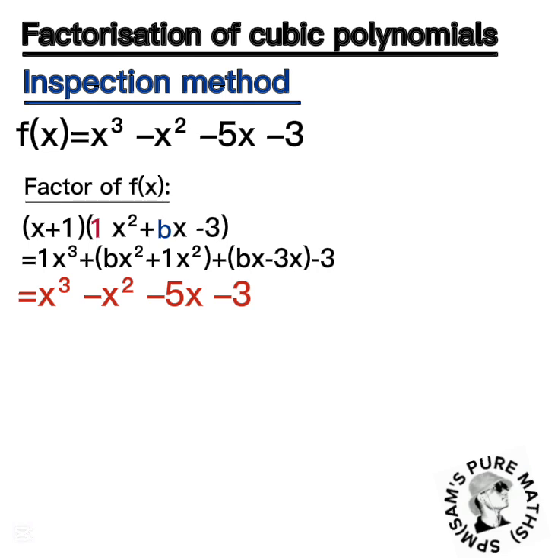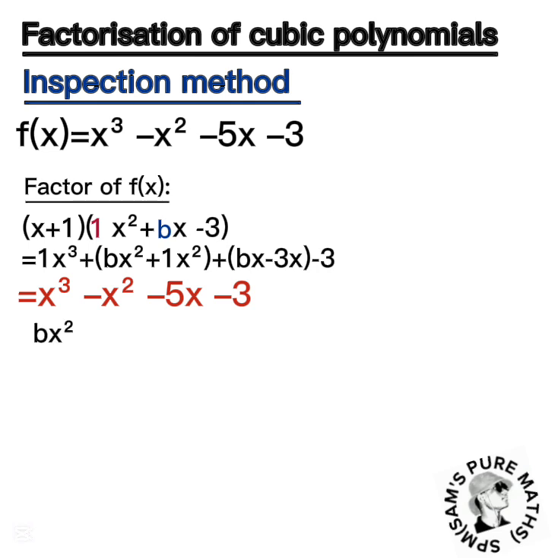I want you to look at bx squared plus 1x squared and ask yourself what it matches with on f of x. The answer to that question is that it matches with negative x squared, because bx squared plus 1x squared and negative x squared have a common factor, which is x squared. Remember our law, those that match we're gonna equate them.